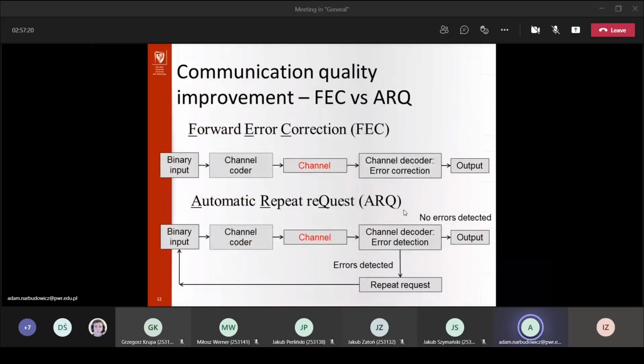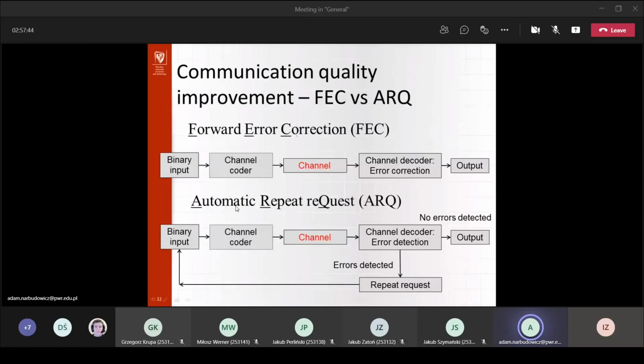And then also, going back to what we spoke about earlier, forward error correction and automatic repeat request. So there are these two approaches. One is simply, we have a binary input, you have a channel coder.